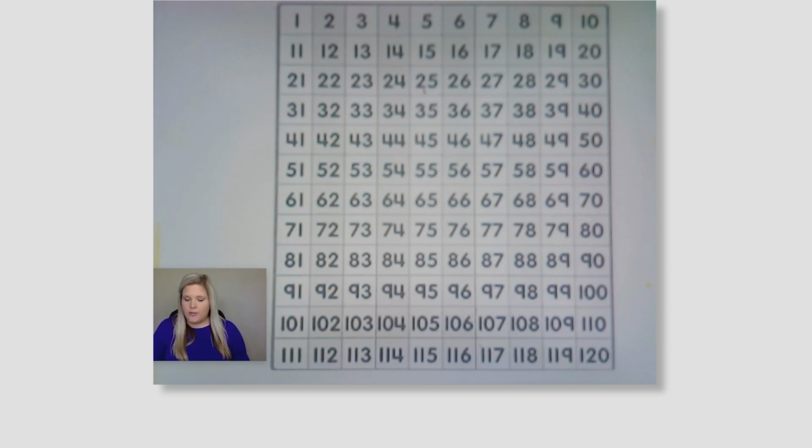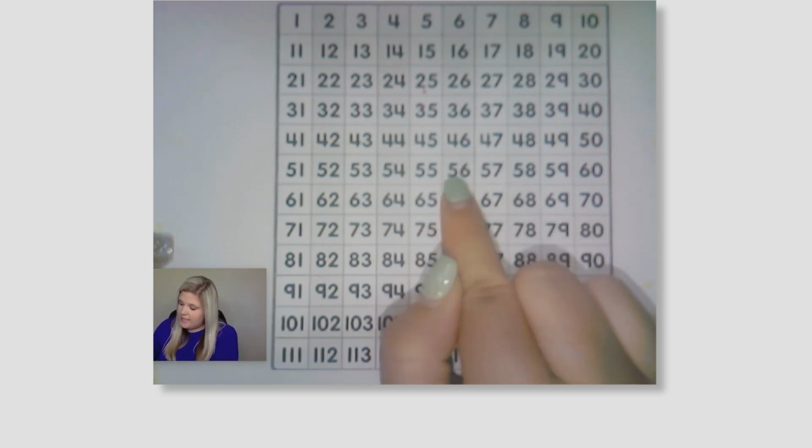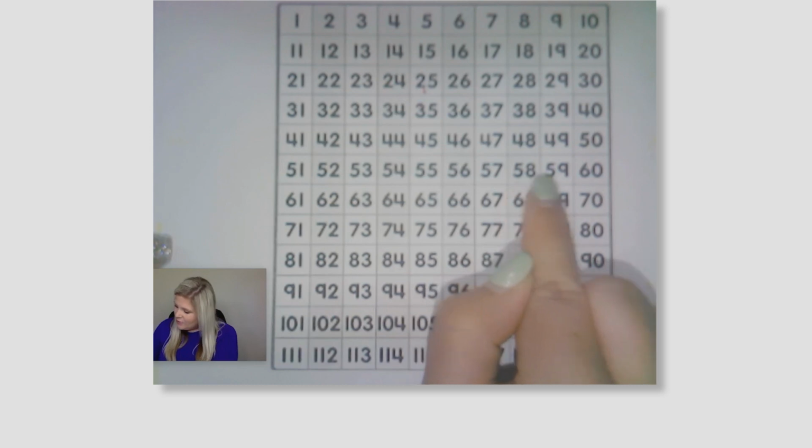What number patterns do you see when you look at a 120 chart when you count by ones? Hmm, let's go ahead and take a deeper look at that. Now, I'm going to look at the numbers 56, 57, 58, and 59.